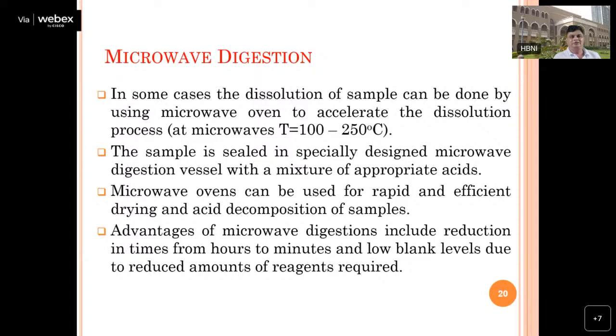And then I think you all may be aware of microwave digestion. In conventional heating, the solvent or whatever acid you are using has to be heated in a conventional manner. But in a microwave digestion system, the energy is given to each molecule of the solvents.